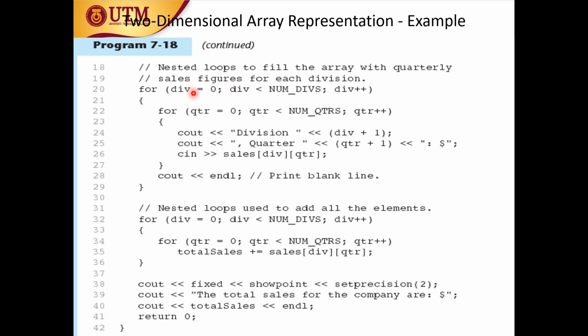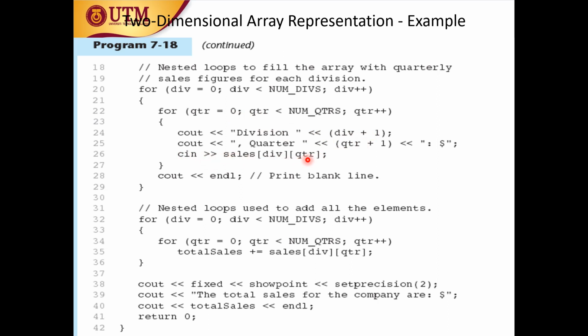The rows start from 0 up to less than the size, and the columns start from 0 up to less than the size. So directly after opening the row loop, we open the column loop, and then the division of 1, starting from 0 plus 1, is going to be 1, and the quarter of 0 plus 1 is going to be 1.